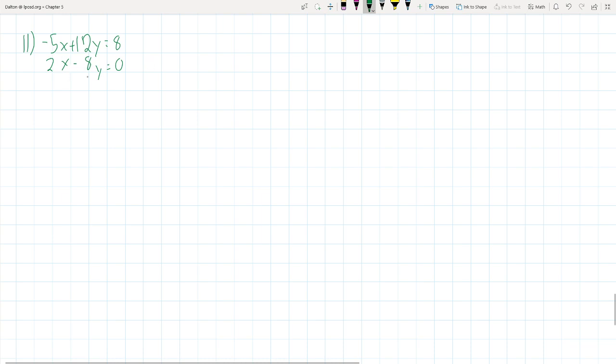Alright, so looking at this, I get to make a decision. Am I going to solve for x's or eliminate x's or eliminate y's? I'm going to eliminate the x's. Doesn't really matter which one, you could do either way. So I have negative 5x, and I have 2x. Looking at this, I want to make this 10, so I'm going to multiply this by 2, multiply this by 5.